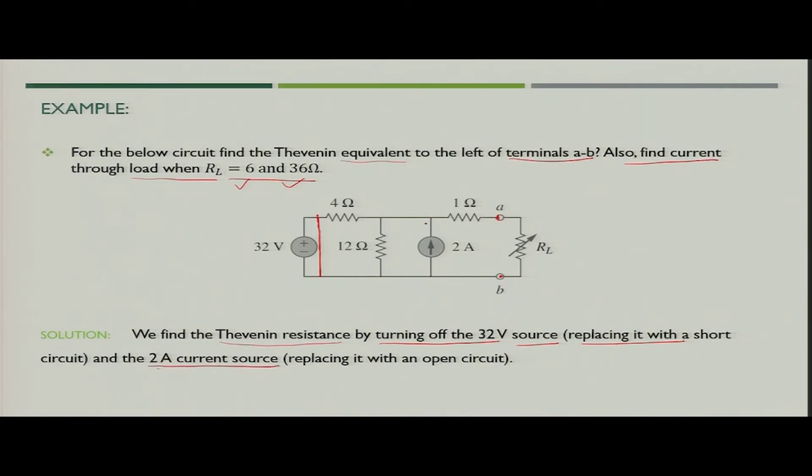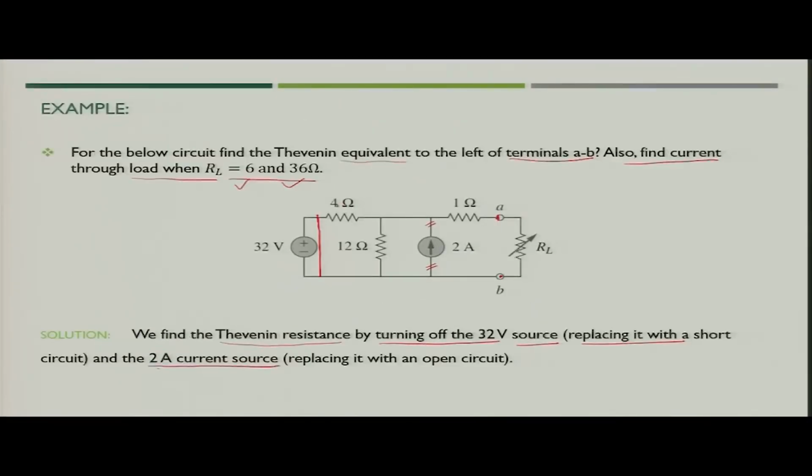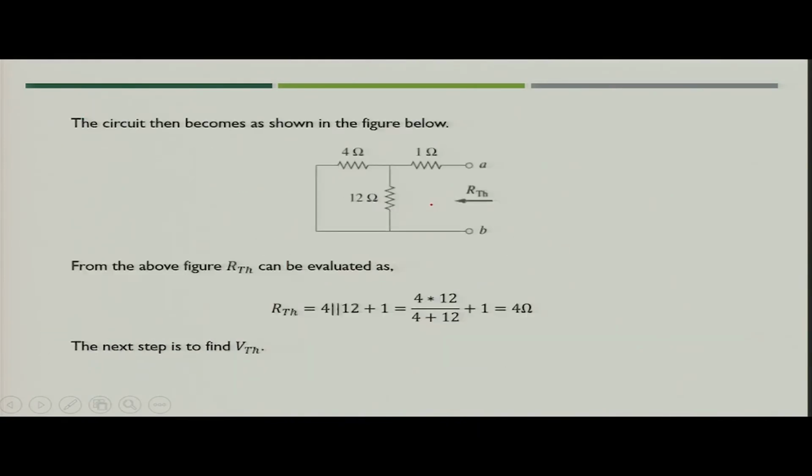So, we will simply make it open circuit. So, what will be the updated circuit in that case? We are left with only the 4 ohm resistance in parallel with the 12 ohm resistance, and then finally the parallel combination in series with the 1 ohm resistance.